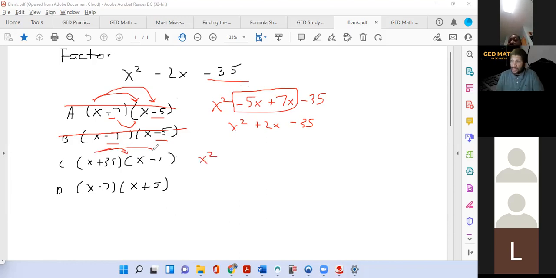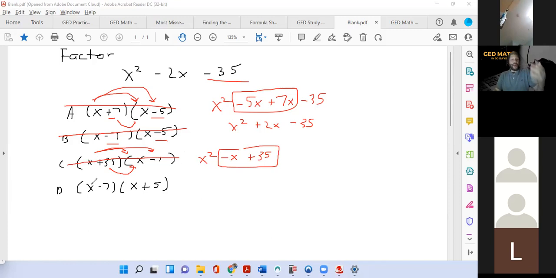We know x times minus 1 is a minus x. And 35 times x is a plus 35. But there's no way these 2 can combine to give you minus 2. So we know it's not C. Our last answer, just by being able to multiply binomials, we get answer D.